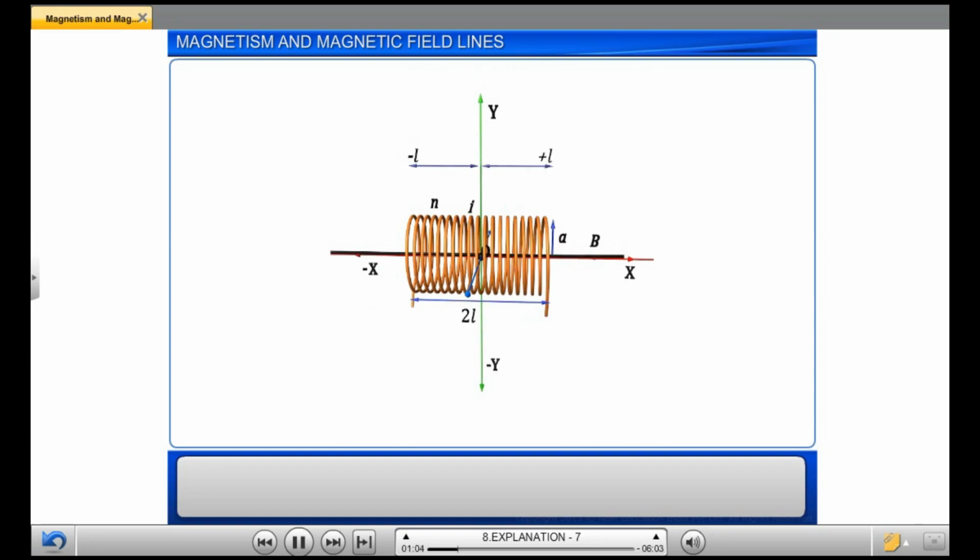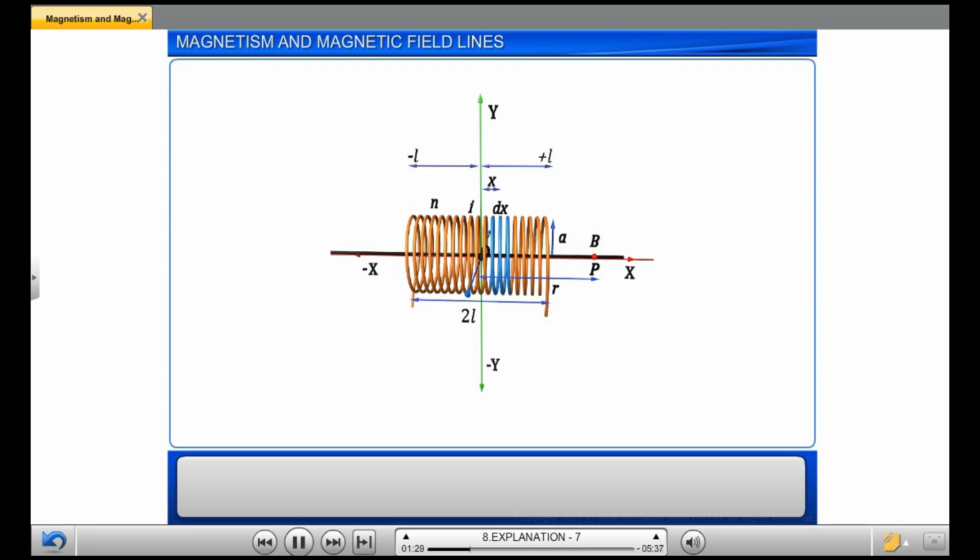Let us consider a point P on the axis of the solenoid, and let r be the distance from the center of the solenoid to that point. To calculate the magnetic field induction B at the point P on the axial line of the solenoid, consider a small element of the solenoid of thickness dx, located at a distance x from the center.